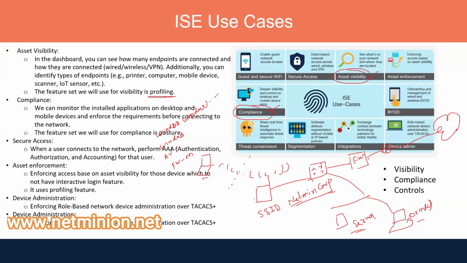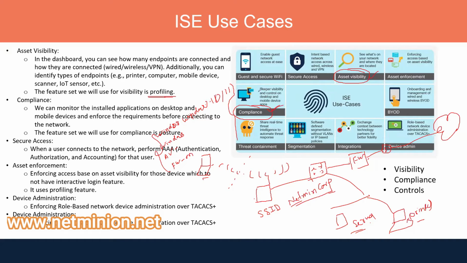So we can only allow Windows 10 and 11 devices over the network. If he's coming using Windows 7 or any Linux-based operating system, we won't allow him to connect. So all these steps we can enforce in the compliance.